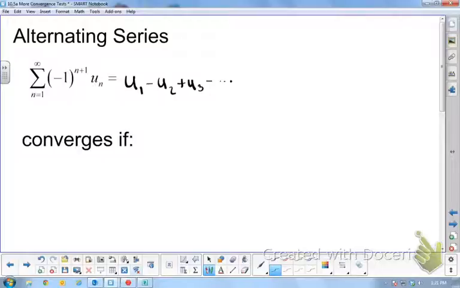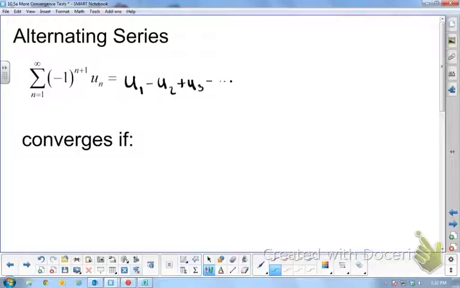It appears in the homework, but on the homework it should always start positive. All you could do to fix that is change where you start. You can always make it start out positive. But the test only talks about when it starts out positive, so I won't say that it works if it starts out negative.